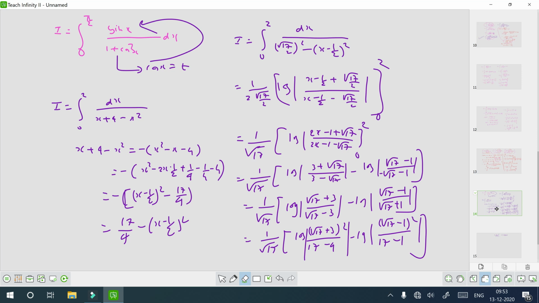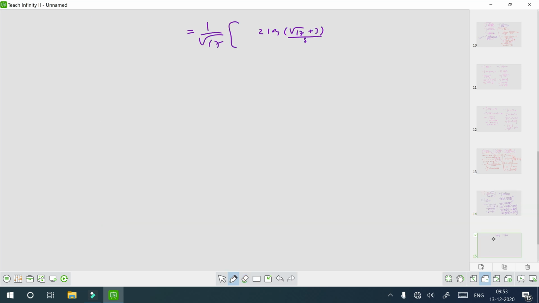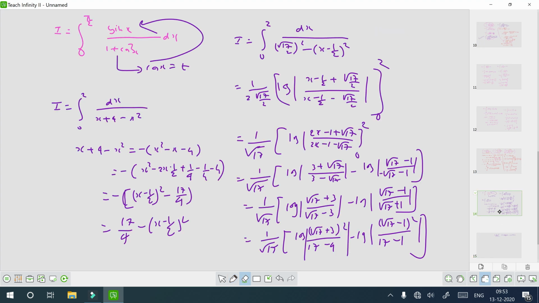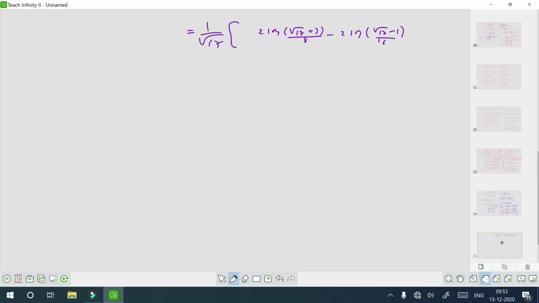8 over 8, minus 2 log root 17 minus 1 over 16.